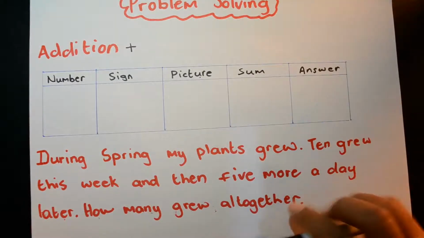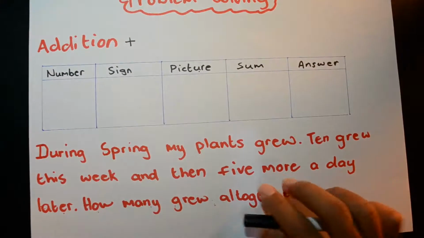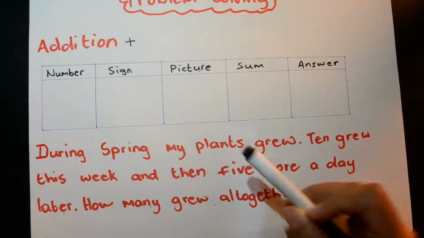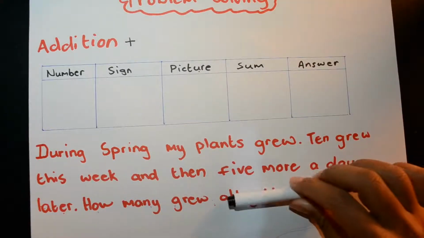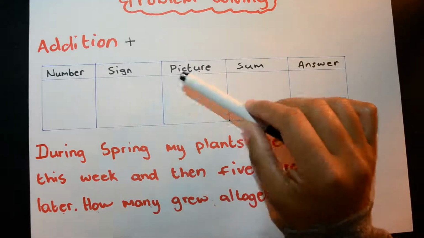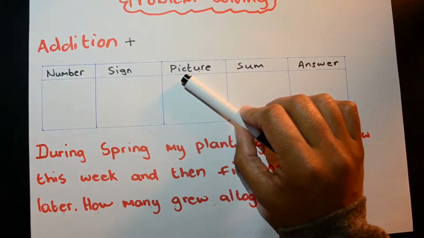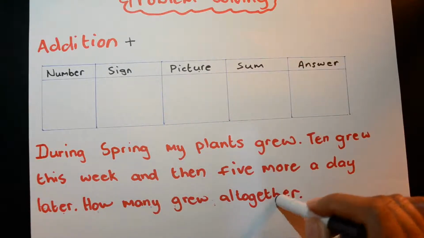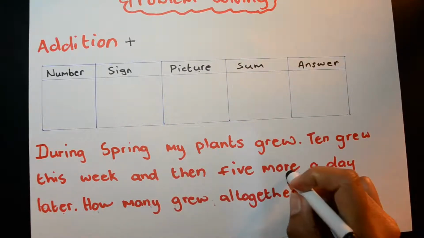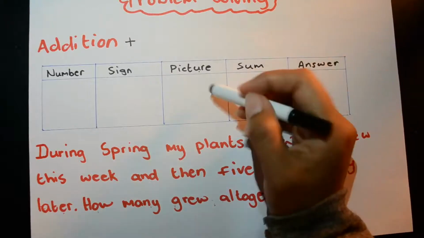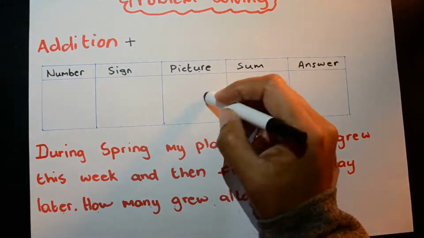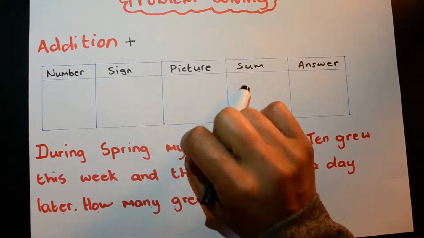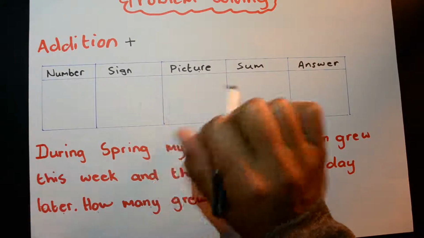Okay, so just one thing I need you to remember is that everybody is different. Sometimes somebody can read a number sentence and they find it easy to start with the picture first. Some people like to look at how to get the answer first. So you can read your word problem, and then you can draw the picture, and then you can maybe go and do the sum or fill in the answer.